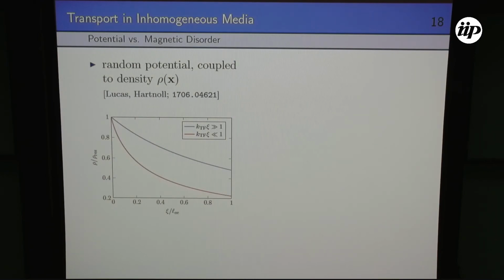Okay, so now we just plug these Green's functions into this machinery that I outlined, and this is the answer. So what I'm plotting here is the resistivity normalized by its residual zero temperature value. That's why it goes up to 1 here. And the x-axis here corresponds to the puddle size of the impurity divided by the electronic mean free path.